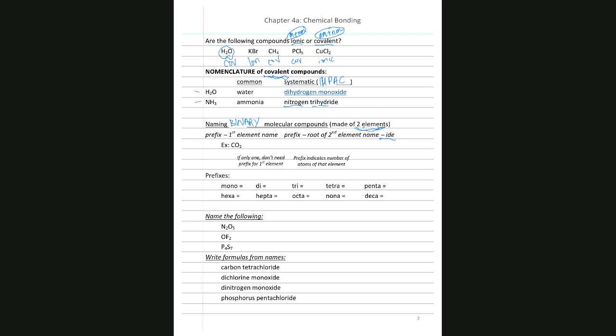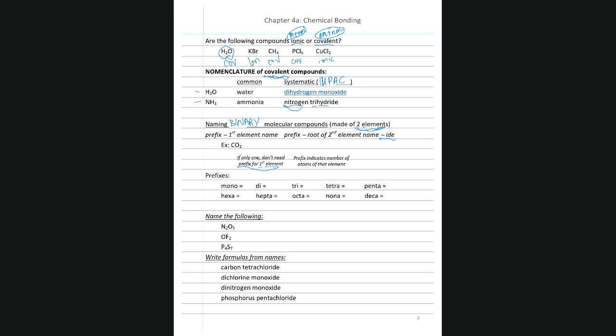For example, we had nitrogen trihydride. For nitrogen, we didn't need a prefix because there's only 1, and there's this one exception: if there's only 1, you don't need a prefix for the first element only, not the second element. That rule doesn't apply there.